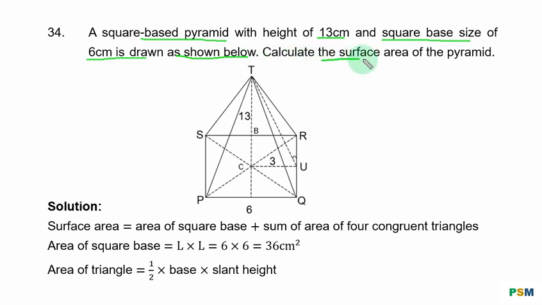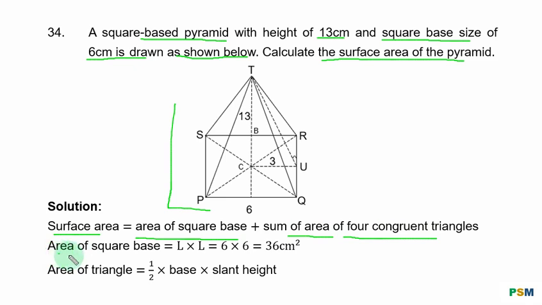Calculate the surface area of the pyramid. You have the given pyramid. Solution: surface area is equal to area of square base plus sum of area of 4 congruent triangles.